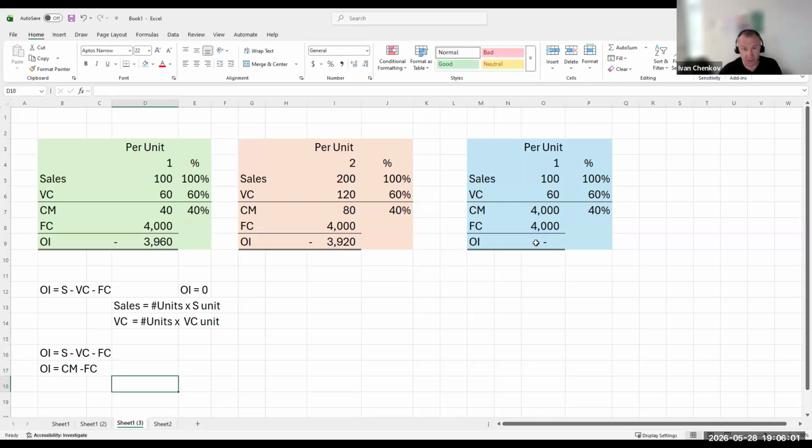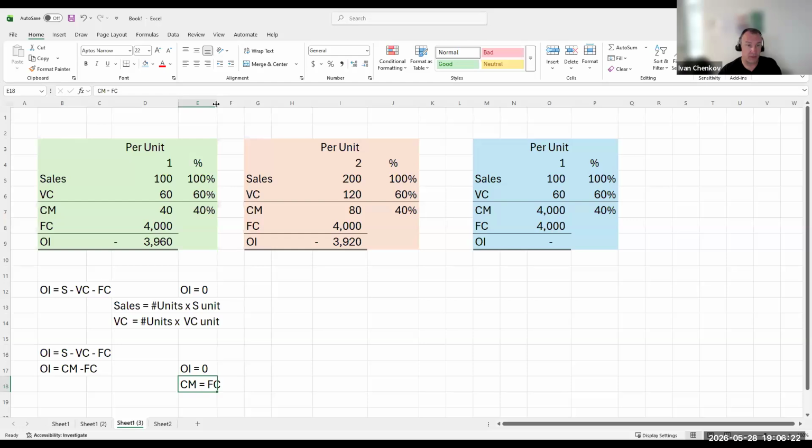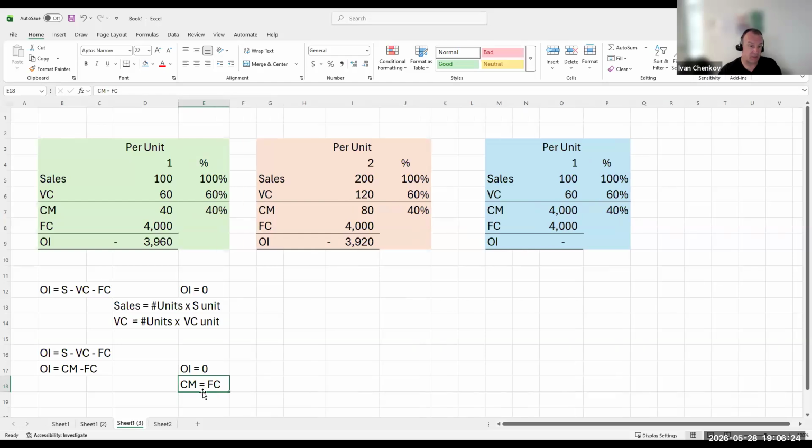But now from this formula, I can see if I want my operating income to be equal to 0, then the contribution margin that I'm generating has to be equal to the fixed cost. And that's the only way to be on the break-even point. There's no other way.